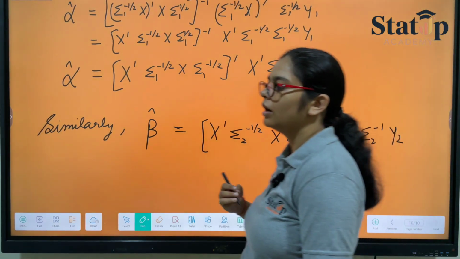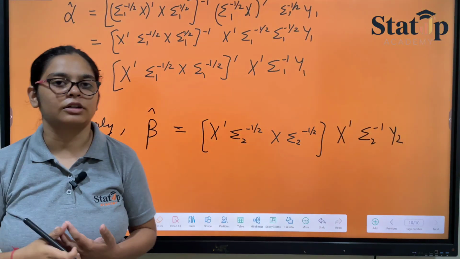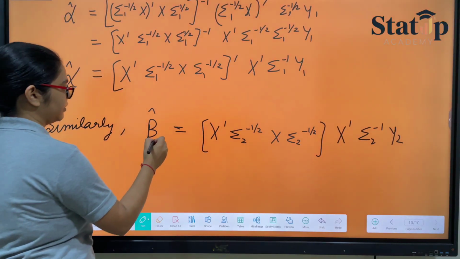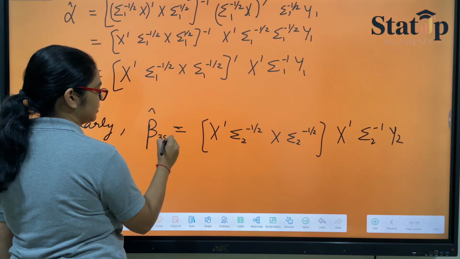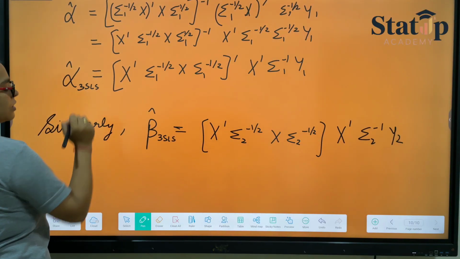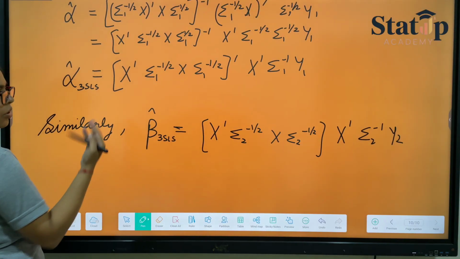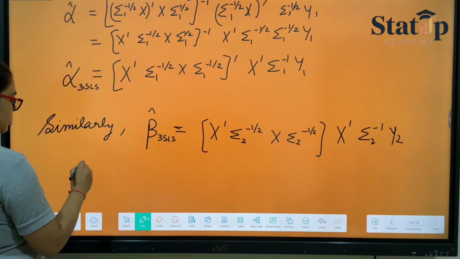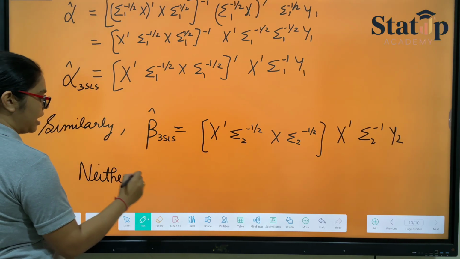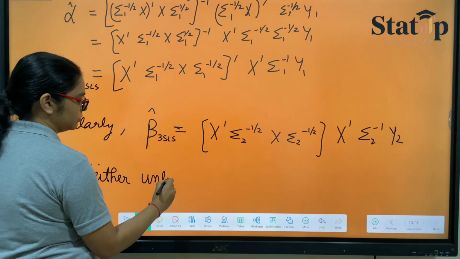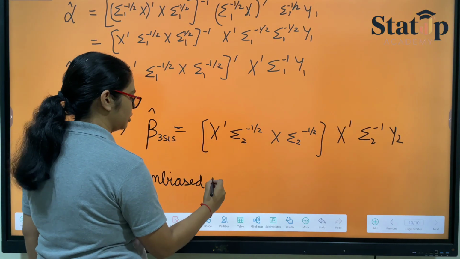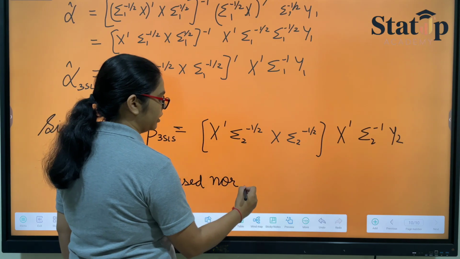These two will be the real estimators of the heteroscedastic model, and this can be written as 3SLS, and this can be written as 3SLS. So these two estimators are neither unbiased nor efficient.